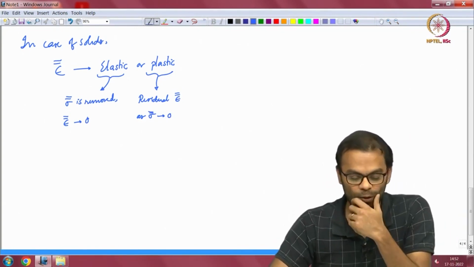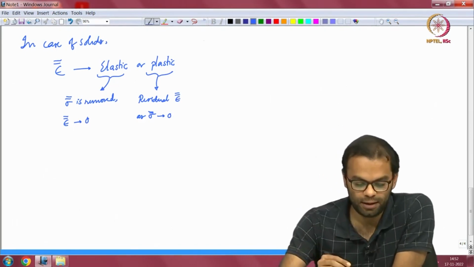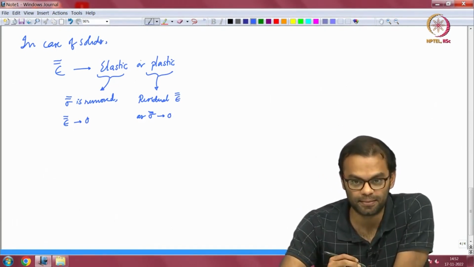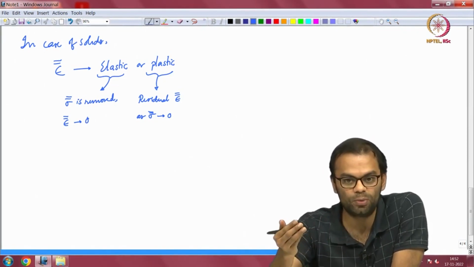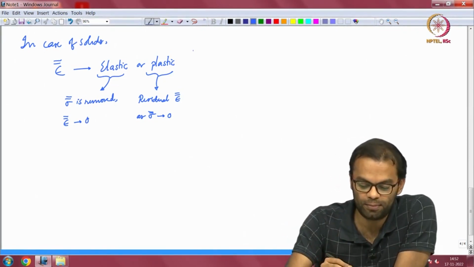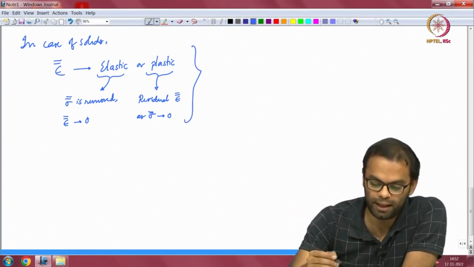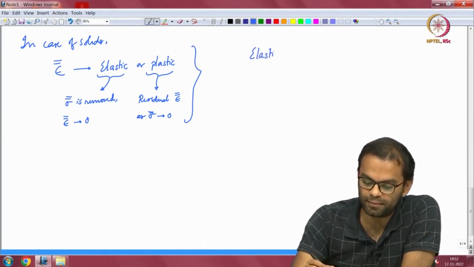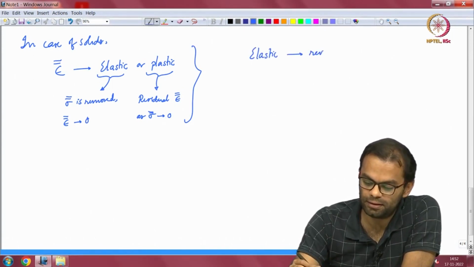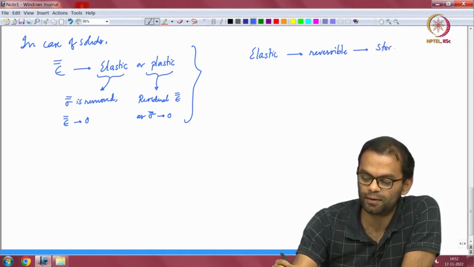So now you have a situation where you have to distinguish, or at least be able to distinguish, between elastic strains and plastic strains, or an elastic deformation and a plastic deformation. You did not have this issue in the case of a fluid, because everything was the equivalent of a plastic deformation. Now the main distinguishing factor of course is that elastic deformations are reversible, which means they store energy.